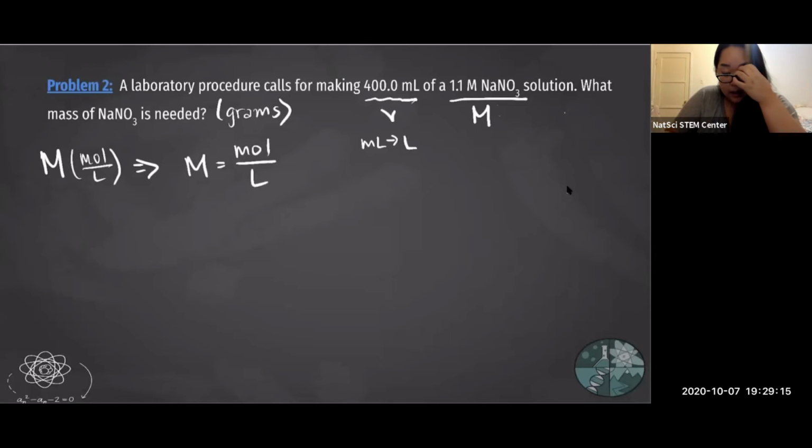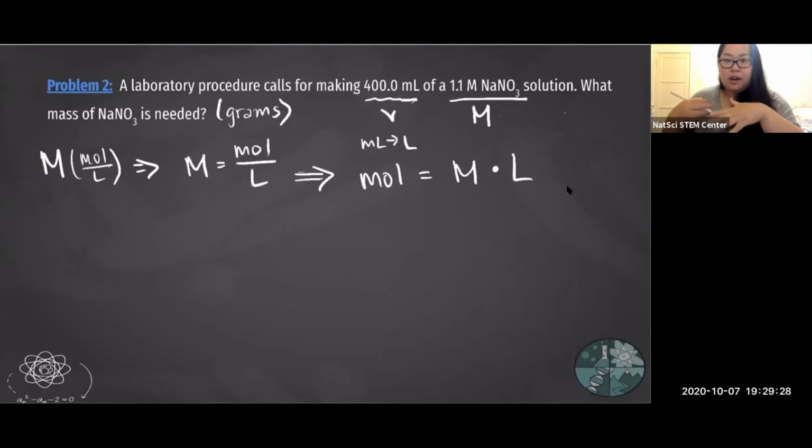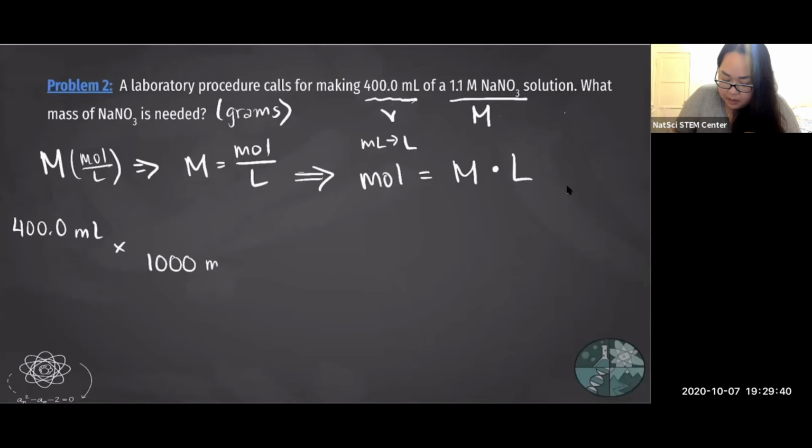So if you rewrite this, mole equals molarity times liters. You want everything to be multiplying on the top. That means you can start with 400.0 milliliters, with the unit conversion of 1000 ml to 1 liter.